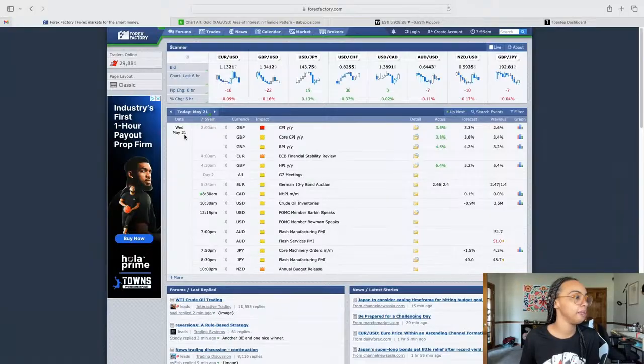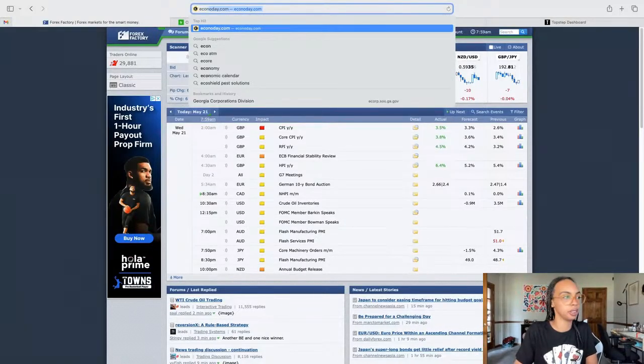So it is Wednesday, May the 21st. Looks like we don't have anything too major going on today. We're looking for any high impact data releases, which are indicated by this red folder for the US currency.